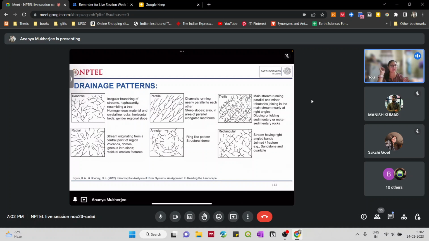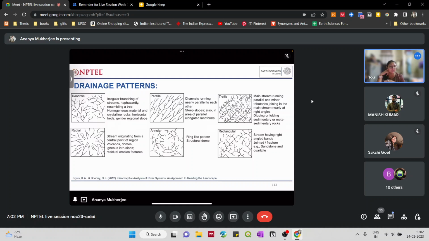Dendritic is that tree shaped drainage pattern. It flows haphazardly. When you find a dendritic system, that means there is not much change in the lithology and the slope of the area is gentler in nature.